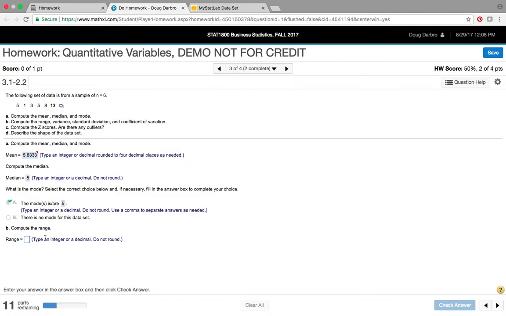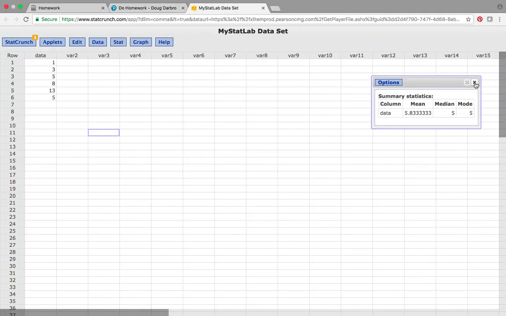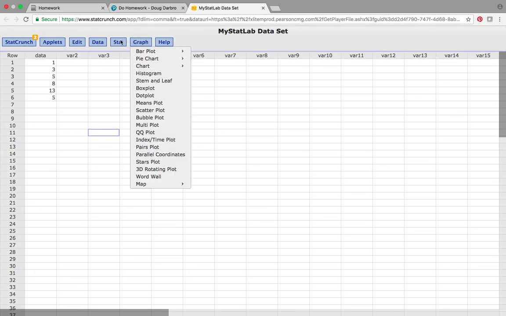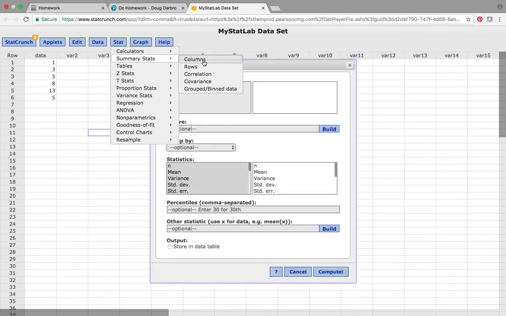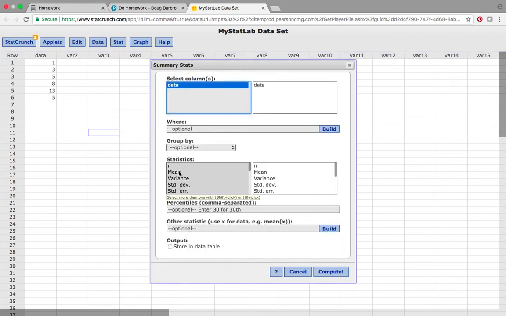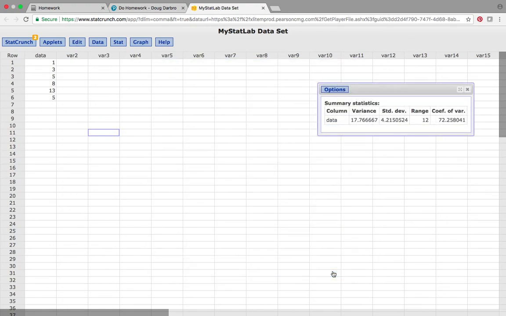All right, now we want the range, and I'm going to write this down so I know what to get when I get over there: variance, the standard deviation, and the coefficient of variation. So I need 4 things from the StatCrunch set. So let's do it. I need the variance, the standard deviation, the range, and the coefficient of variation.